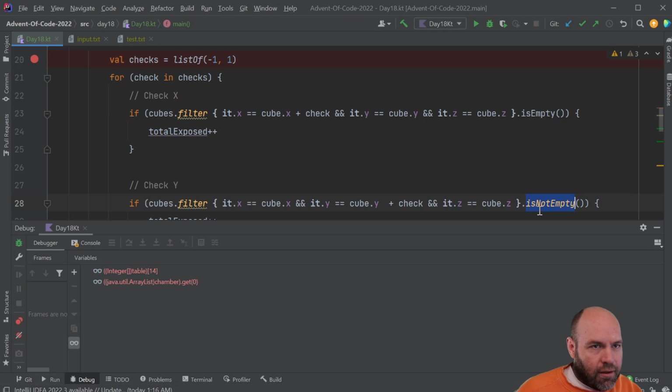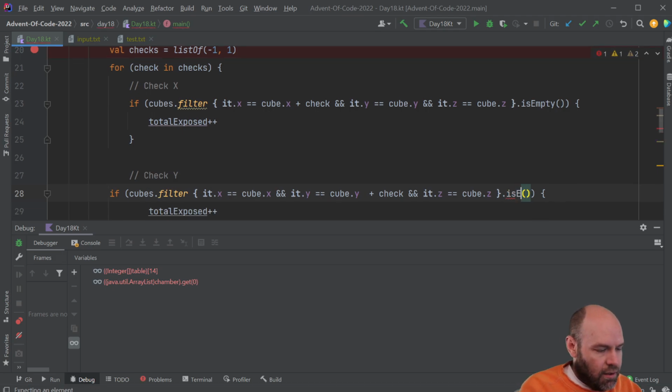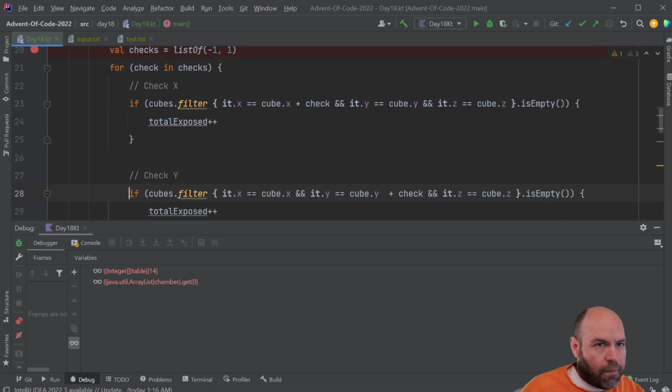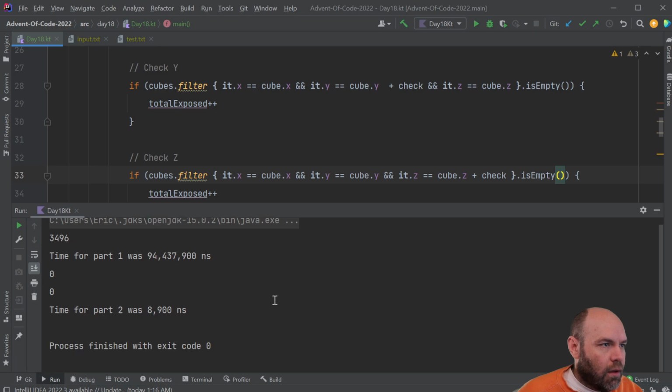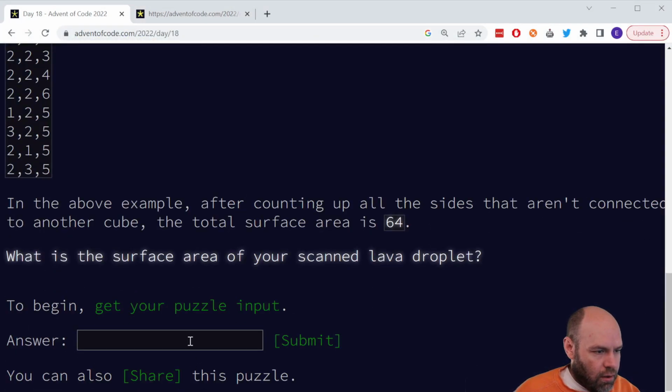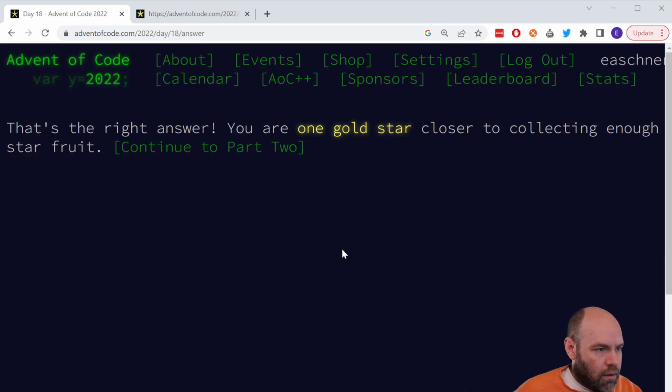That is wrong. What we actually want is to see if the cube does not exist. Okay, and 3496, let's check our input. That's the right answer. All right, that was quick.